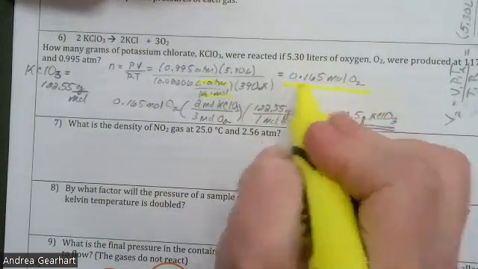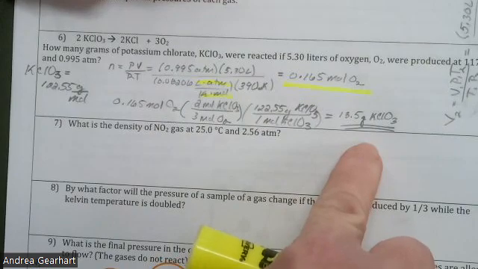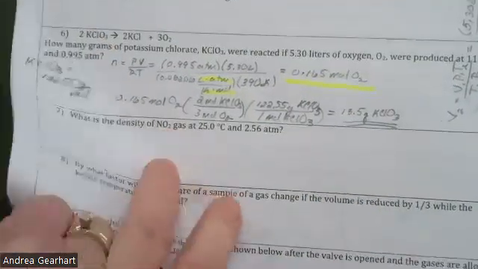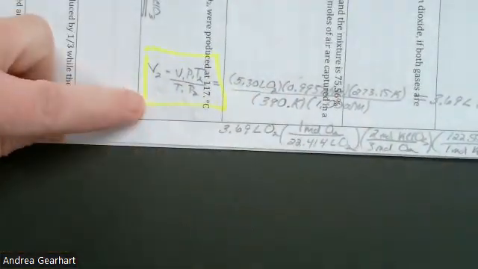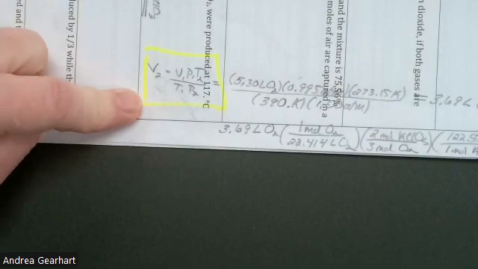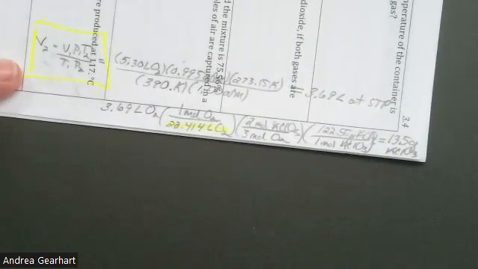So I'm getting moles of oxygen, and then I can go right to my stoich. But also, what you could do is first solve for what the volume would be at STP so that you can use molar volume. And you'll get the same answer either way. Questions for me?